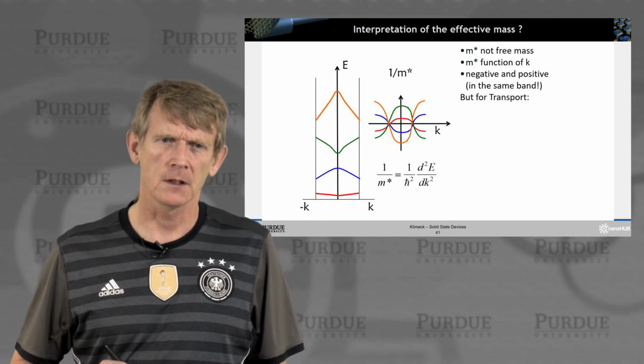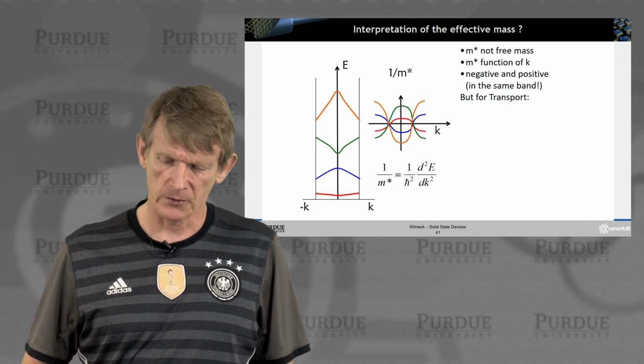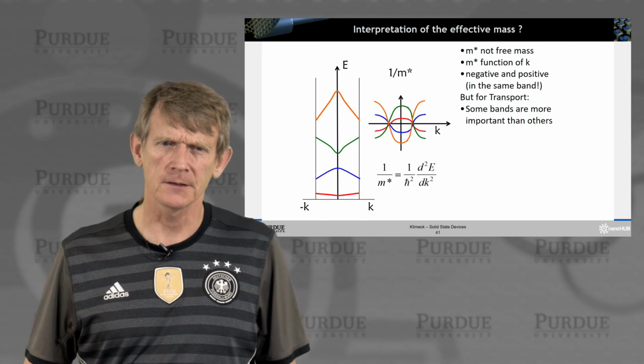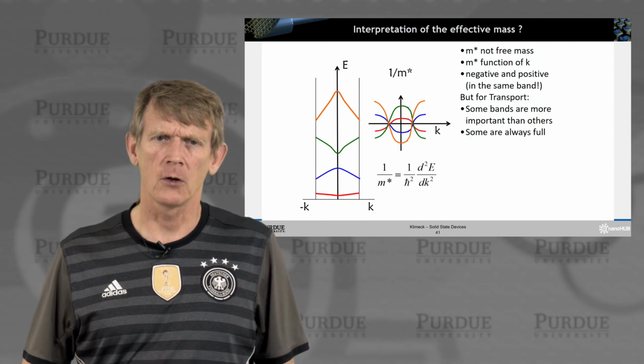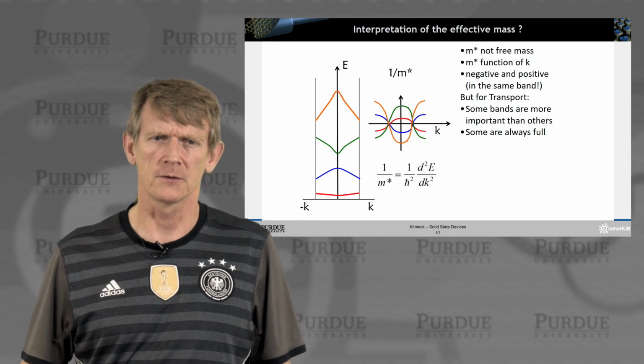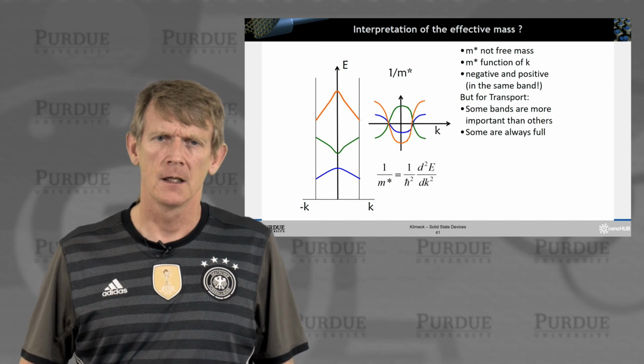Let's interpret those a little bit, but let's focus on the bands that are really critical. So for transport, some bands are more important than others. For example, some are always full, so they don't contribute to transport and electron conduction, so we can take those away.